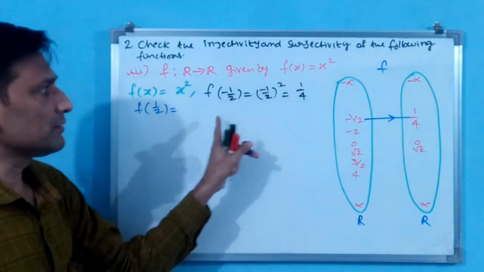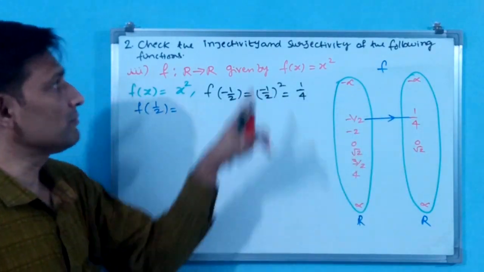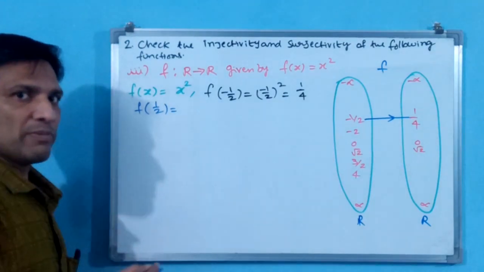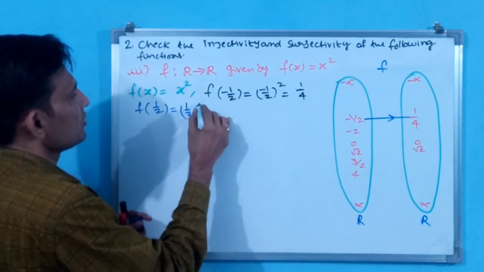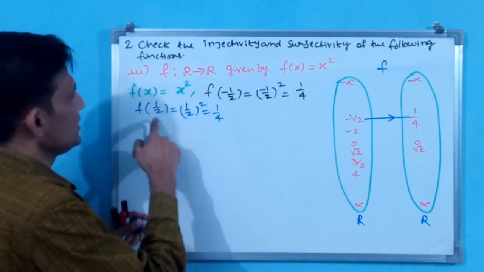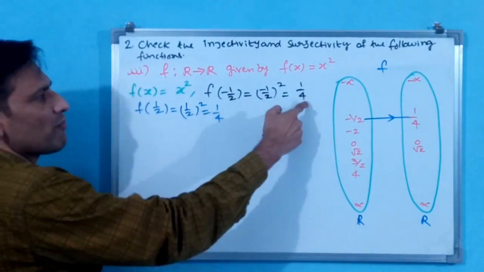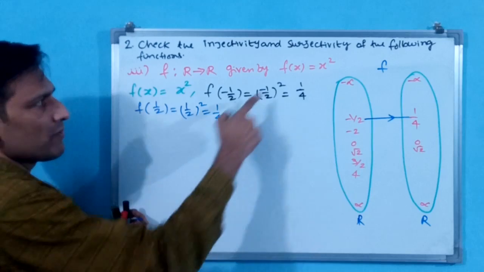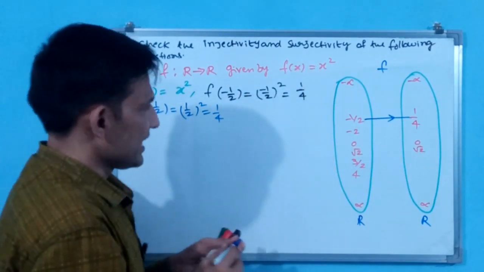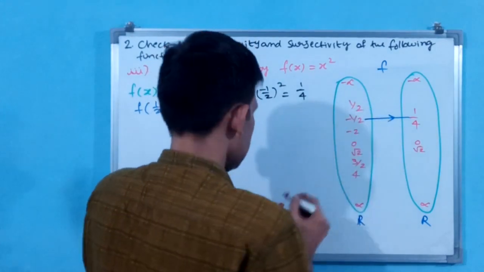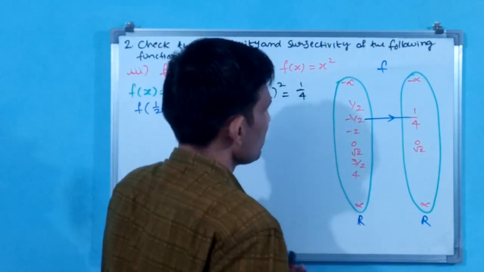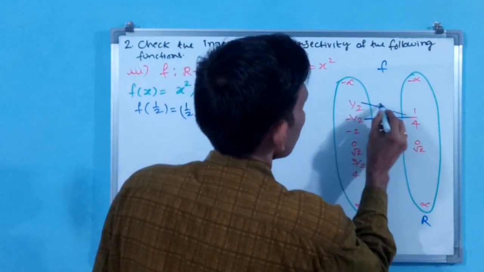Because I want to show that both results are the same and 2 are going to come, then that is not injective. That you may be understanding. f of 1 by 2 means 1 by 2 whole square, that is equal to 1 by 4. See, even if you give minus 1 by 2, 1 by 4, plus 1 by 2, 1 by 4, because of square. Then again here you make 1 by 2 to 1 by 4 connection.